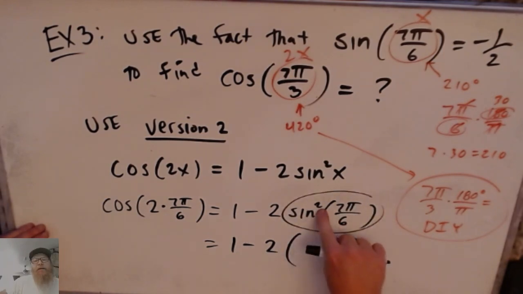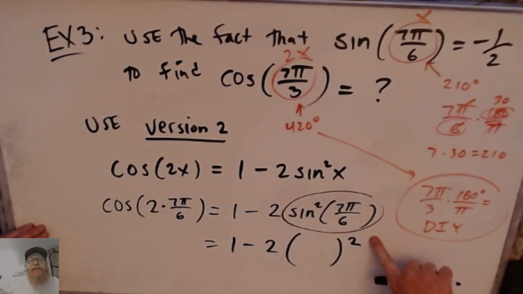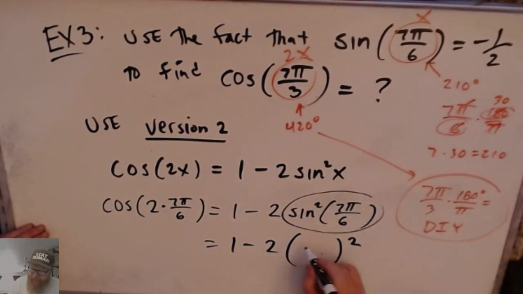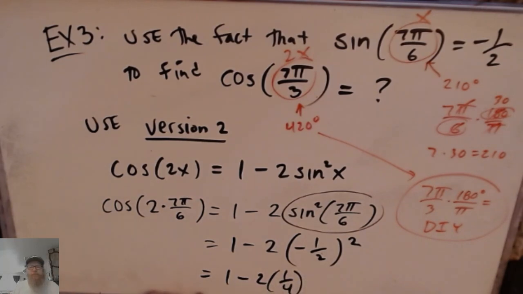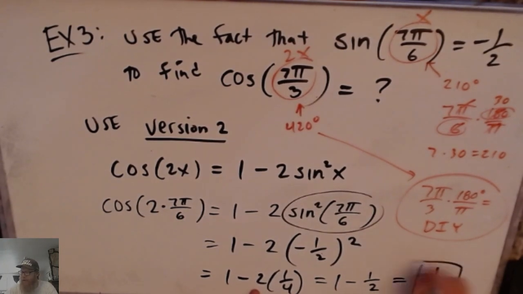The exponent comes outside the parentheses. Be very careful. And then replace that with negative 1/2. So you're going to get 1 minus 2/4. 2/4 is the same as 1/2. So your final answer is 1/2.